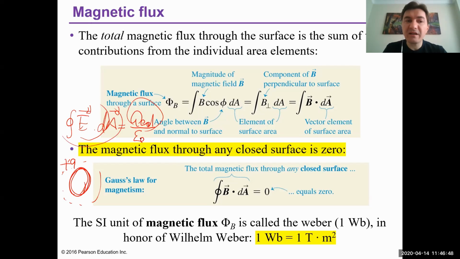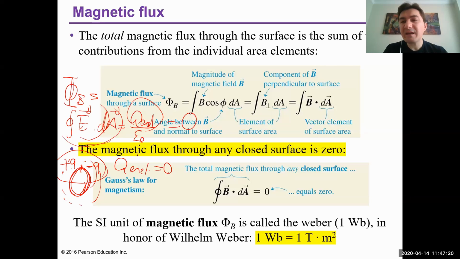But let's consider that within that closed surface we also have the same amount of minus Q charge. Then the total charge Q enclosed will be 0, right? Then the electric flux, phi E, will be 0, since the total charge is 0.